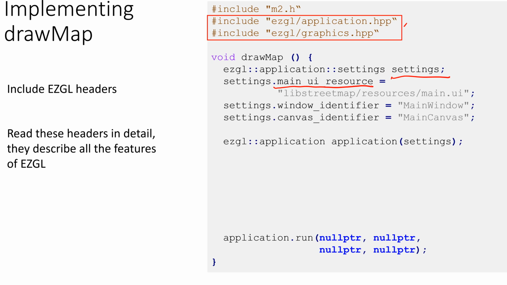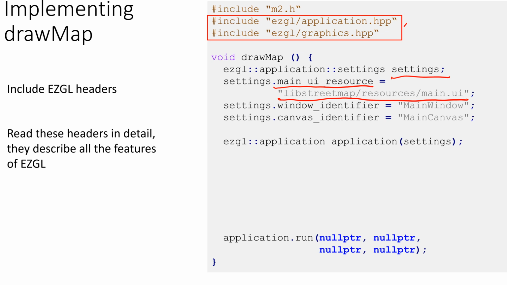So this main UI resource is basically the window layout. It's like, where should the initial buttons be? How should this window look? Okay, we've already made one for you, and we put it in your project. It's called main.ui. I'm going to show you after reading week how you can change it. So if you don't like the look of the UI, I'm going to show you how you can make changes, but you don't have to. Just leave the buttons where we put them, and you never have to edit this file.